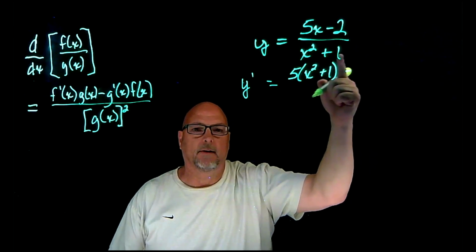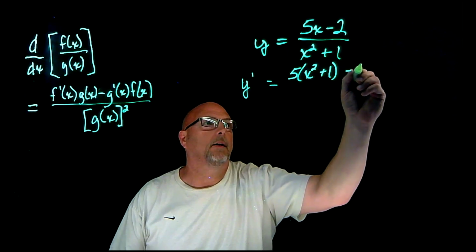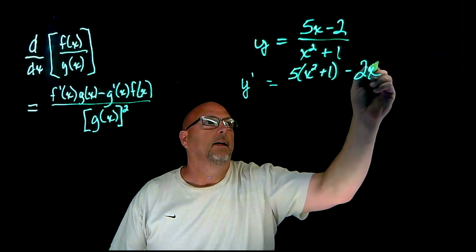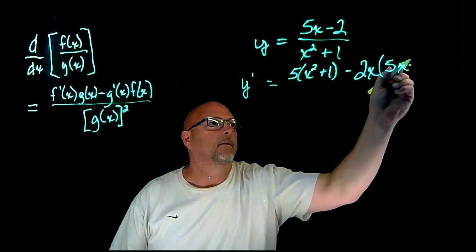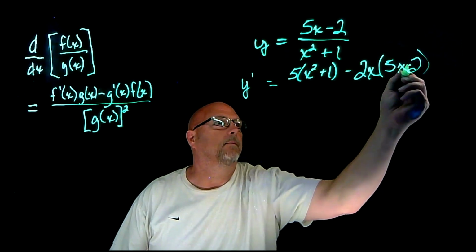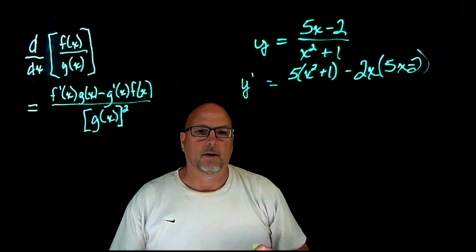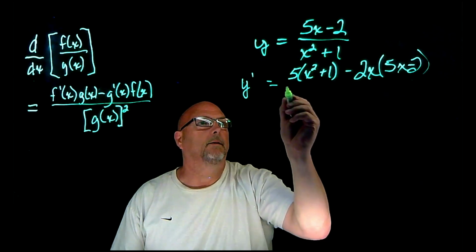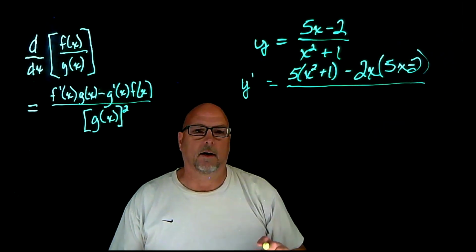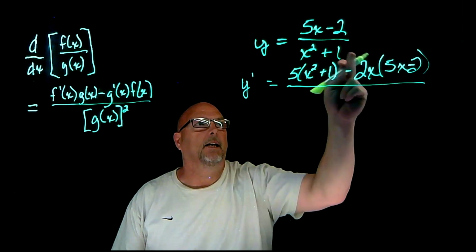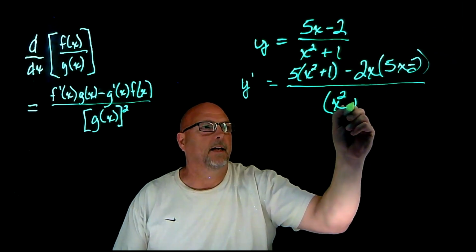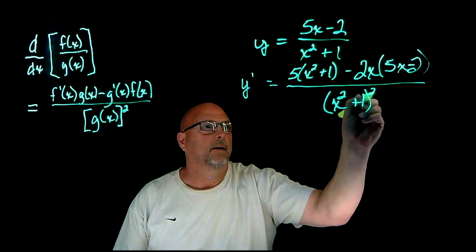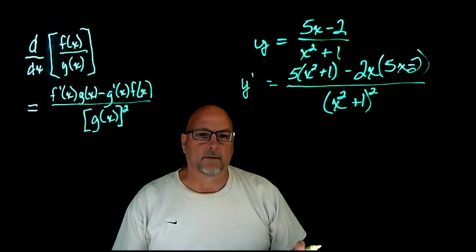The derivative of x squared plus 1 is just 2x, and that gets multiplied times the top, which is 5x minus 2. Then draw a big fraction bar, and whatever's on the bottom, the g of x, gets squared. So that whole quantity is squared.